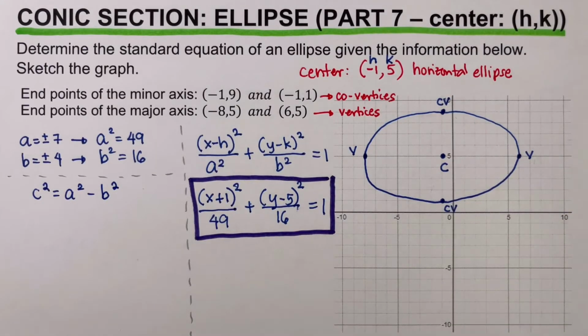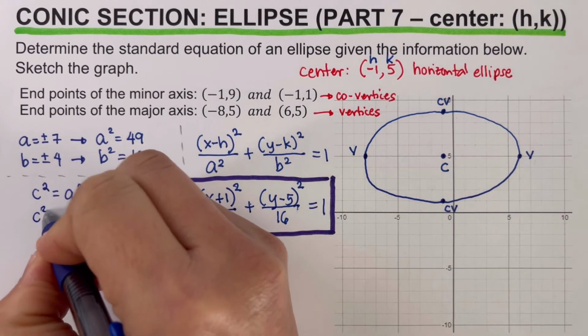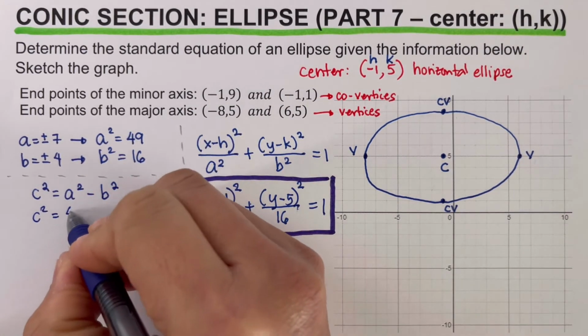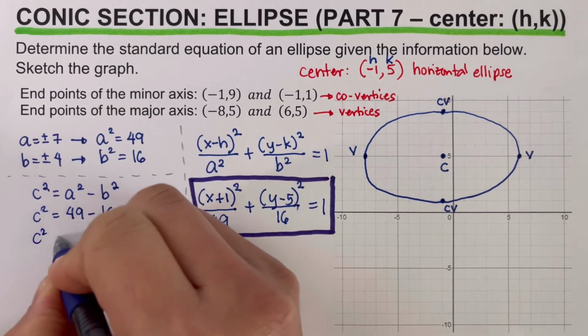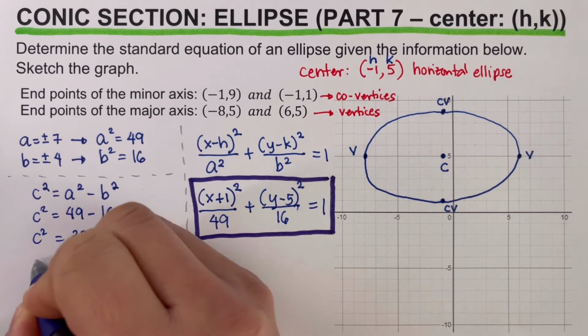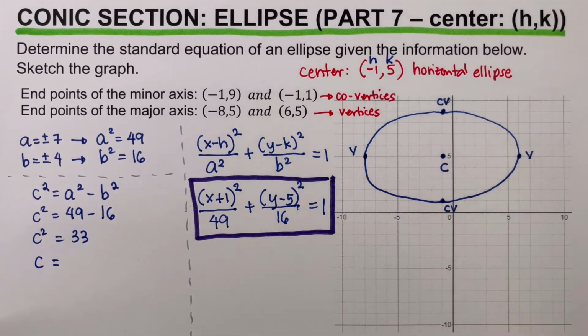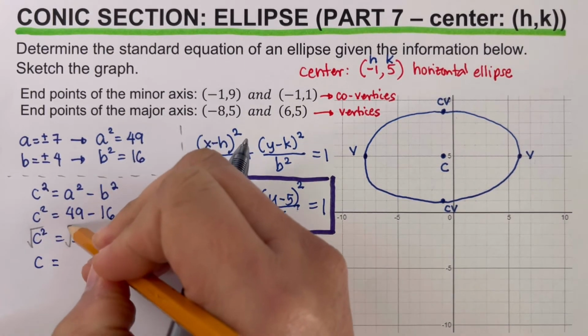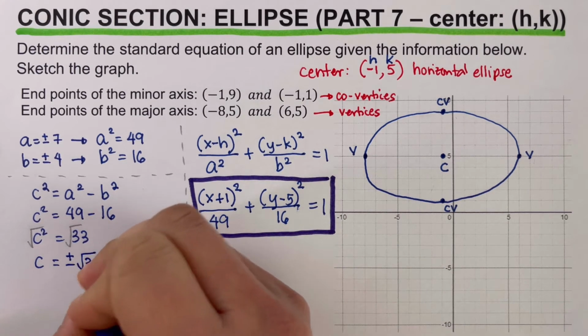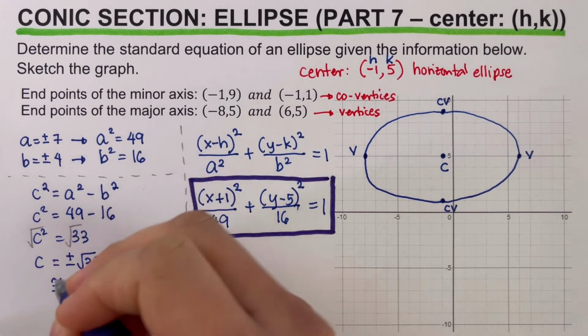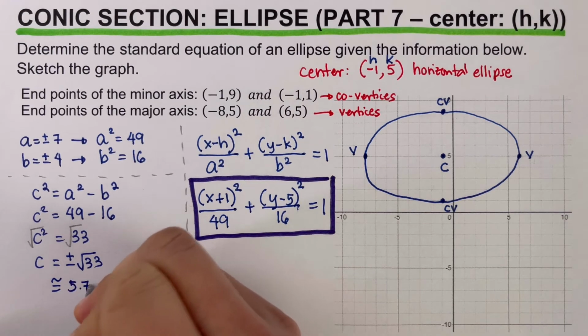So we now have to solve for c. So c squared is equal to our a squared, which is 49, minus our b squared, which is 16. So 49 minus 16 is 33. And so for c, we're going to take the square root of both sides. So that would be plus or minus square root of 33, or approximately 5.74.